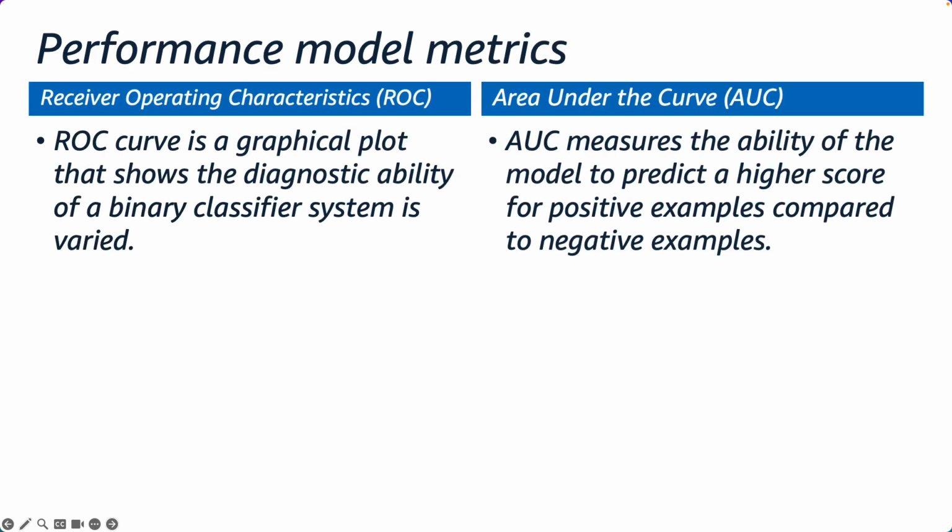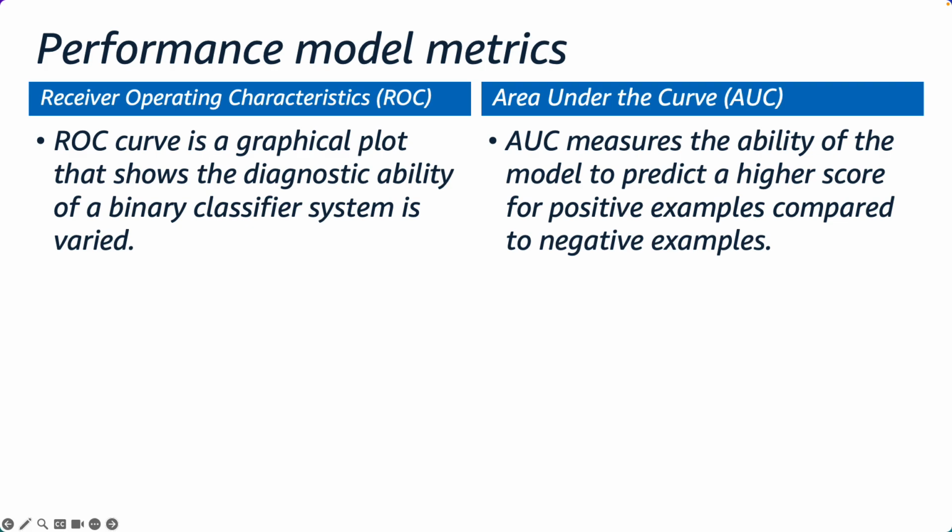Let's start with receiver operating characteristics, or ROC. The ROC curve is a graphical plot that shows the diagnostic ability of a binary classifier system as its discrimination threshold is varied. So to compare different classifiers, it can be useful to summarize the performance of each classifier into a single measure.